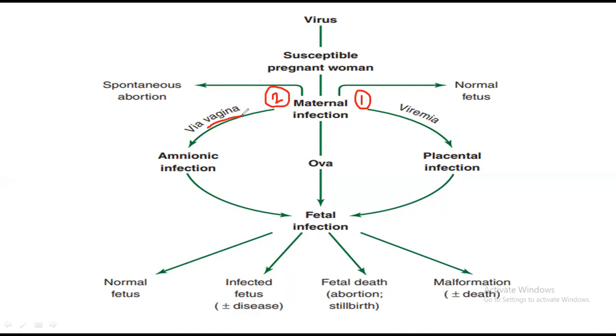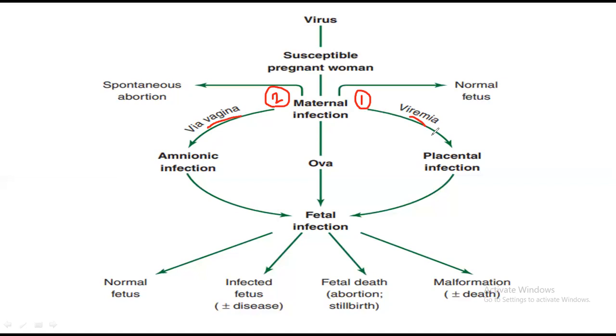The virus can enter the vagina and infect the fetus, but here the infection is not through the placenta. In the case of viremia, it was through the placenta, because the blood vessels were connected with the fetus through the placenta.